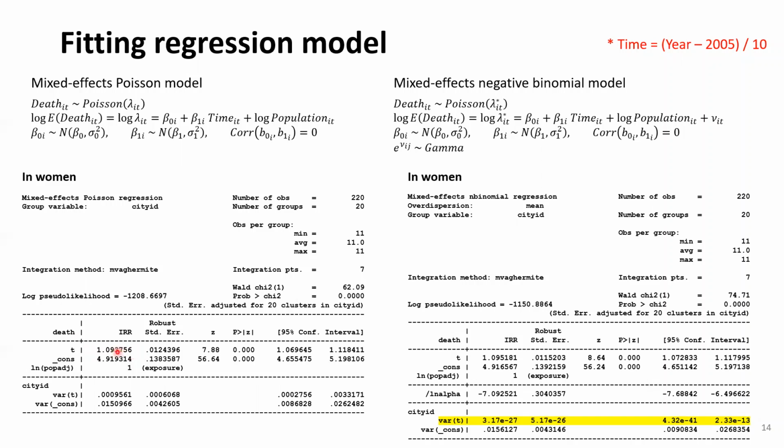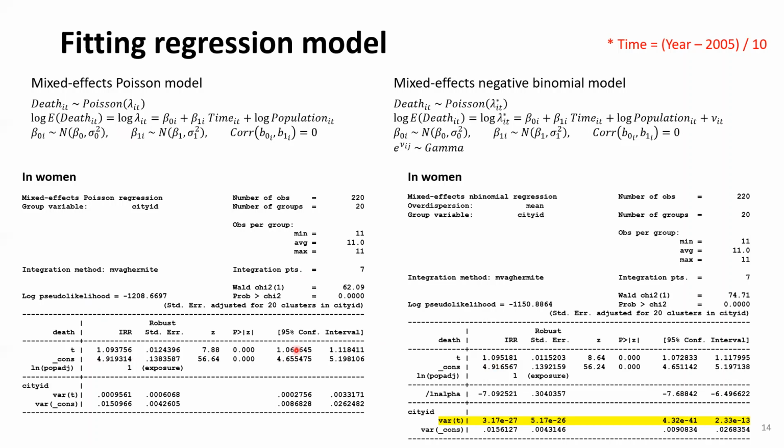Okay, so in this case, we see roughly a 9% increase in mortality in 10 years in women in general. Look here, IRR is 1.09 from the Poisson model, and from negative binomial, it's the same, 1.09 or 1.10.